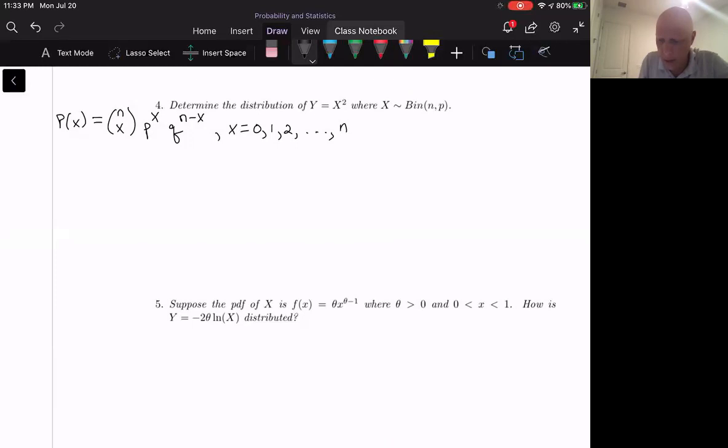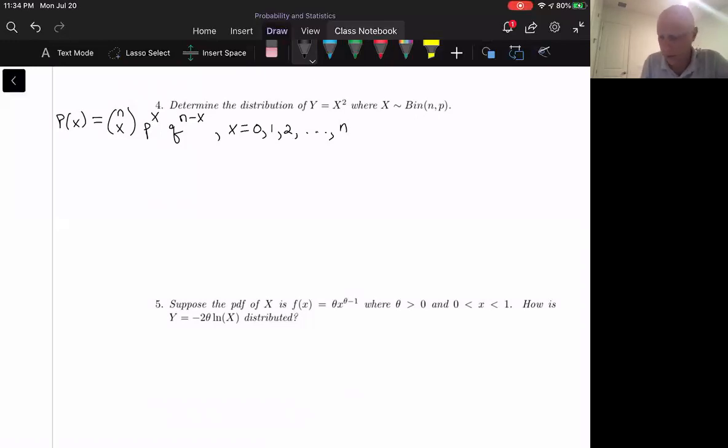Now this means that y equals x squared is monotonic over these values because it goes from 0, 1, 4, 9 up to n squared. So it's only increasing, it doesn't come back down. Which means we can use the shortcut. And because x is a discrete distribution, we're using the extra shortcut.